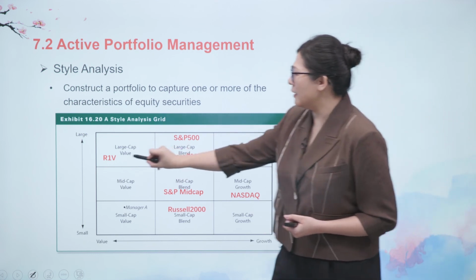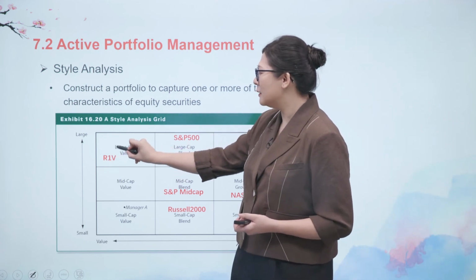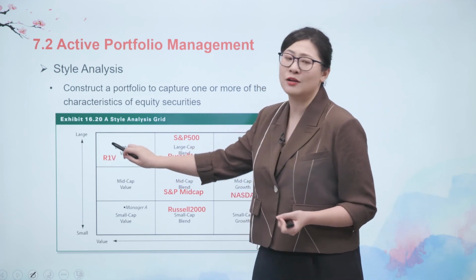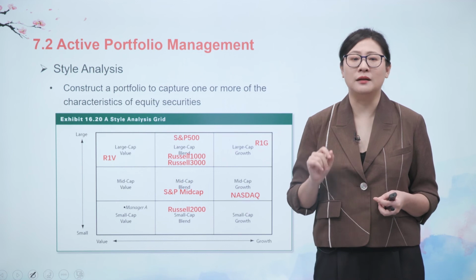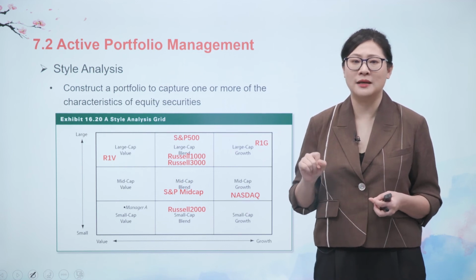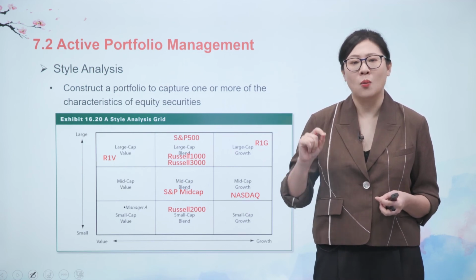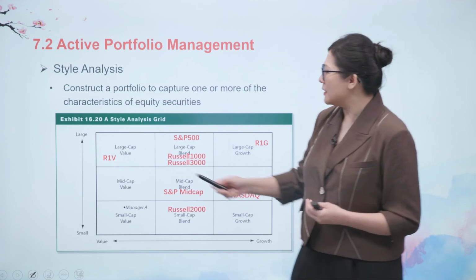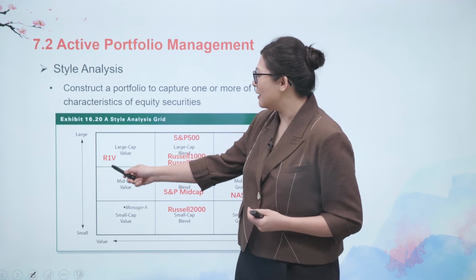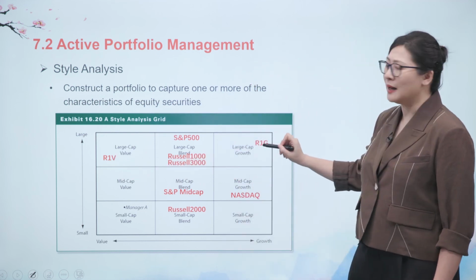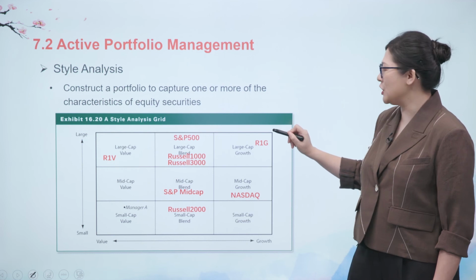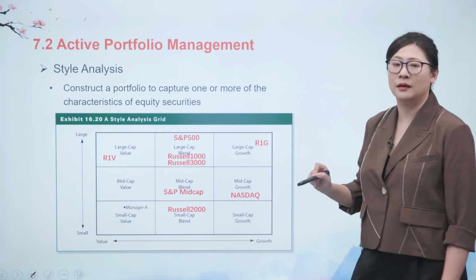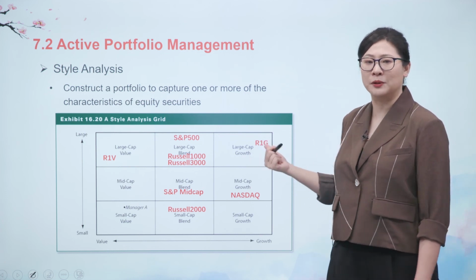And here is R1V, which means the Russell 1000 Value. This is a new market index, also from the Russell 1000, but now it is the value stocks, so we put it in large cap value. Opposite that, we have R1G, the Russell 1000 Growth, so we'll put it here.